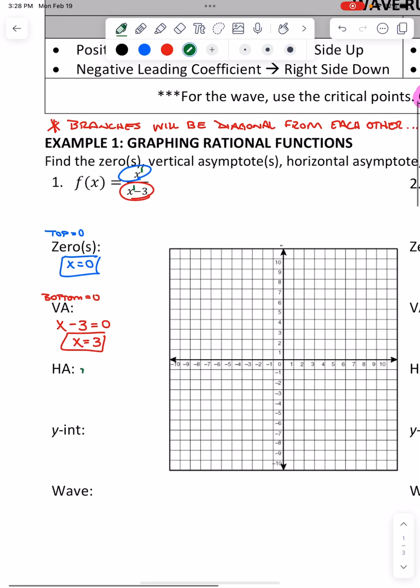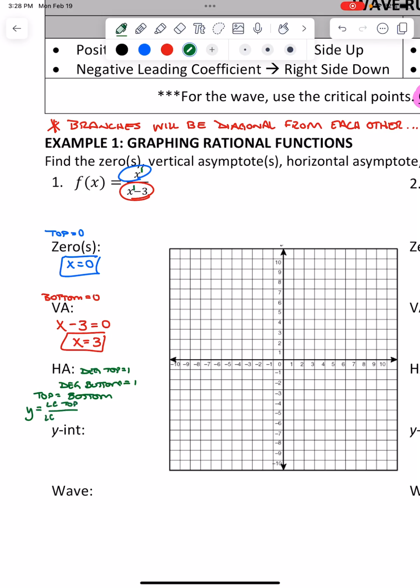So the degree of the top is 1, degree of the bottom is 1. So when the top equals the bottom, we take the ratio of the leading coefficients. So leading coefficient of the top over leading coefficient of the bottom. So leading coefficient here is a 1 and a 1, so 1 over 1. So our horizontal asymptote is at y equals 1, okay?